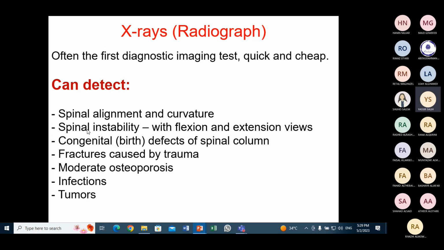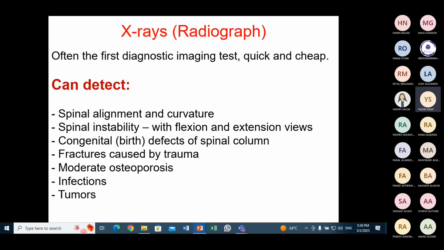This is an optional view, done for example with flexion of the cervical spine to assess the instability.